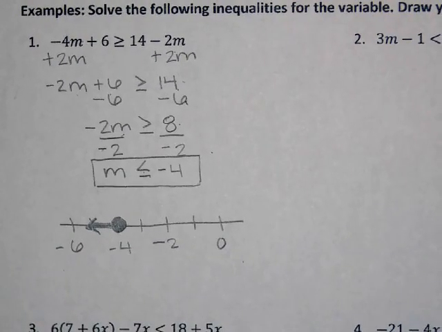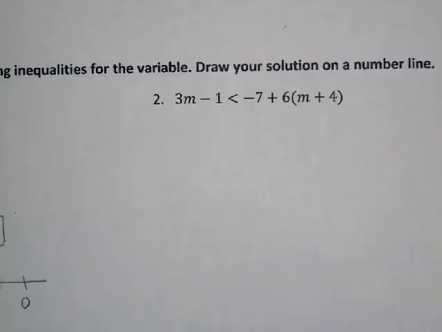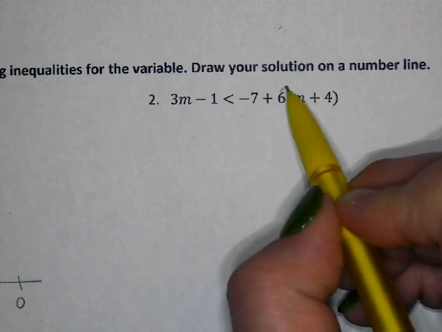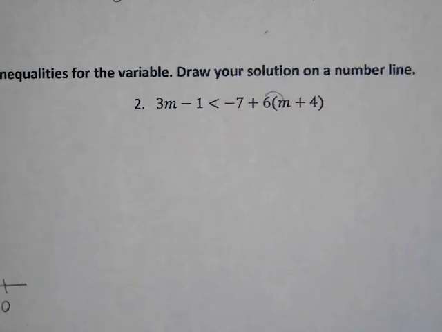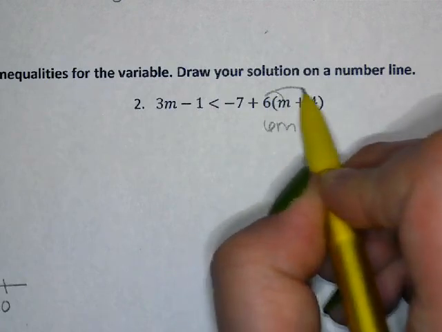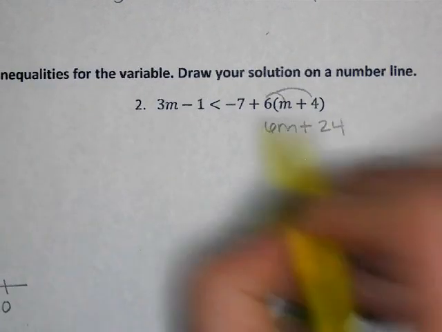All right, for number 2, before we can do anything else, we have to get rid of those parentheses. So how do we do that? Distribute. So 6 multiplied by m, 6m. 6 multiplied by positive 4, 24. And then the rest of it I just bring down.